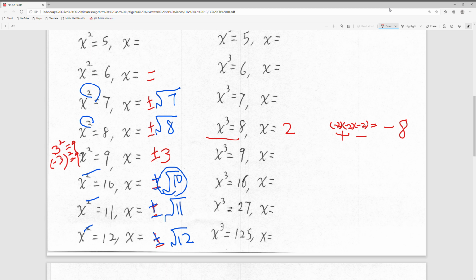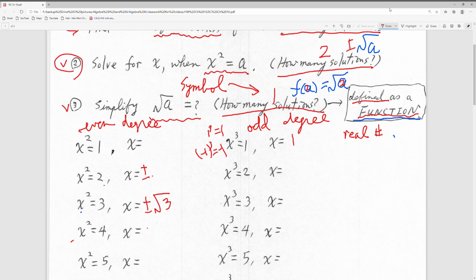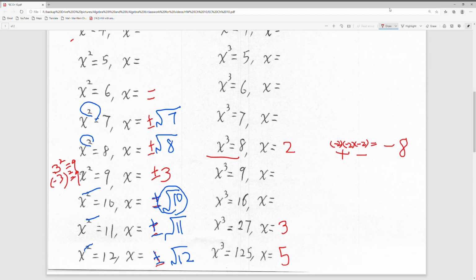So when you have a cube equation, you can only find one solution. Okay, this is 3, this is 5. How about if I change the question to negative 1, then you have negative 1. If I change the question to negative 8, then you have negative 2.